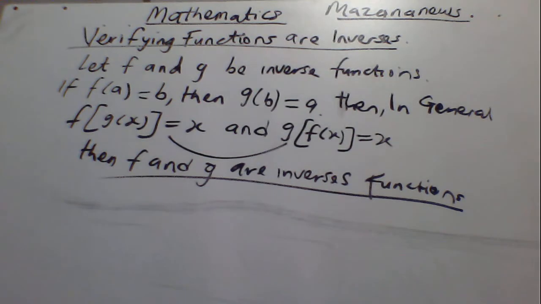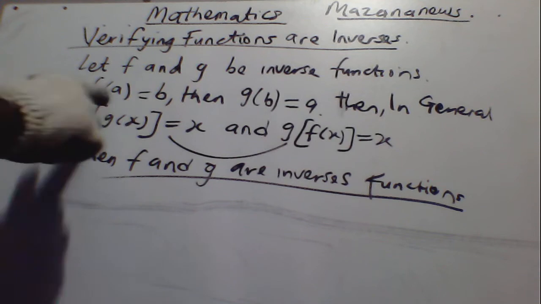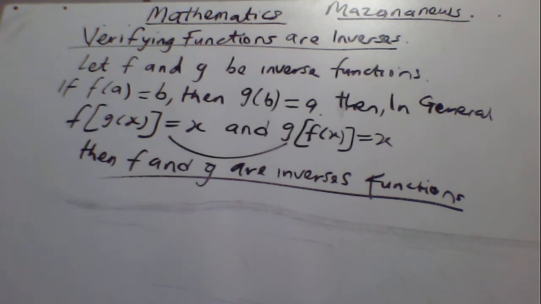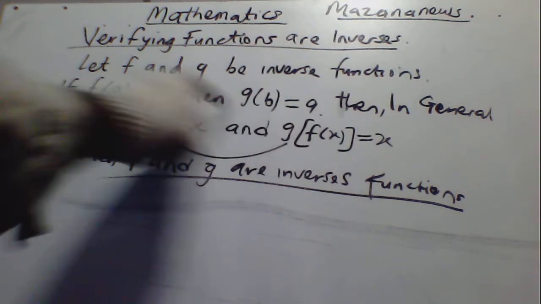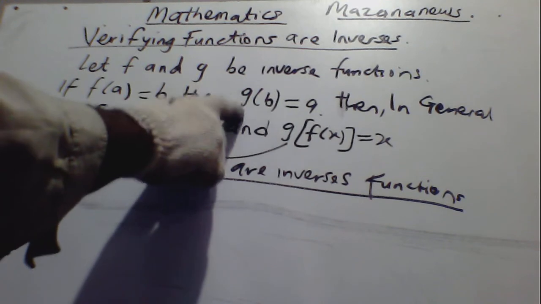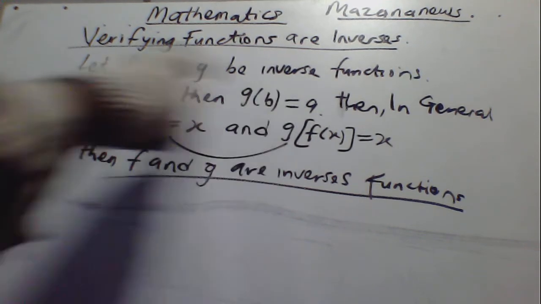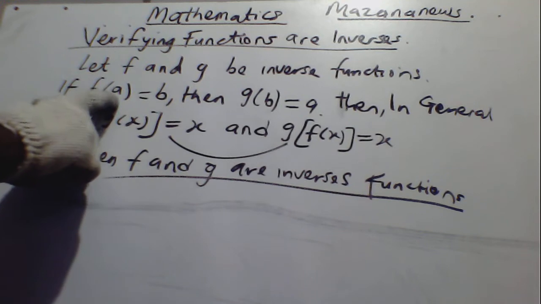So one thing you have to know about inverse functions is that they undo or cancel each other. When you evaluate a function with a specific input a, and then evaluate its inverse, which is g, using the output, you obtain the original input.